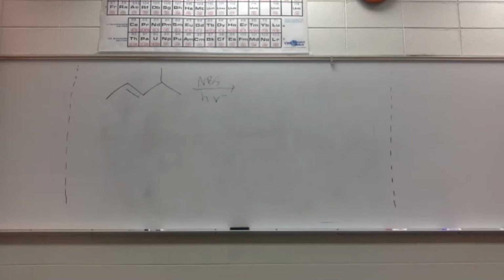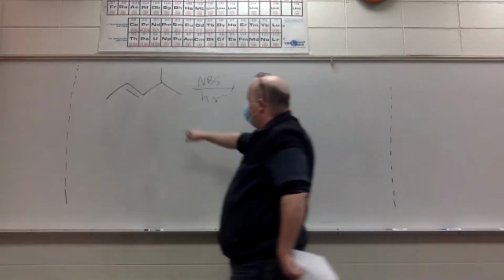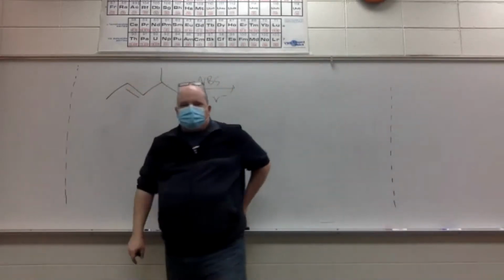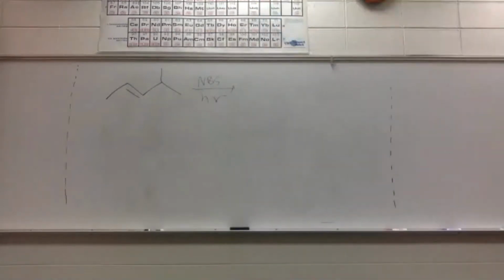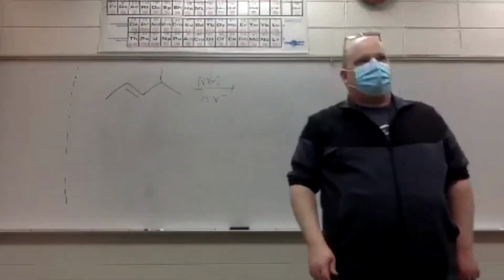But guess what? We got two of them here. So we got to make a bit of a choice. We have to decide, is it going to choose one over the other? Is it going to choose both? What do we think?